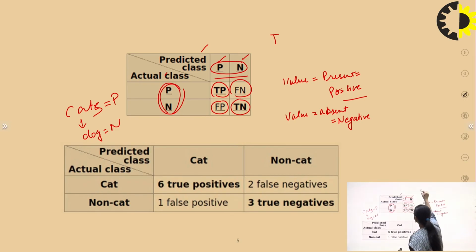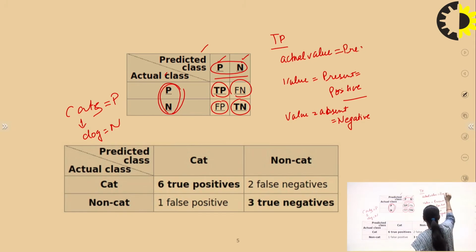In the case of a true positive value, true positive is if I am detecting a cat from the classifier, the actual value and the predicted value are equal, then it is true positive.